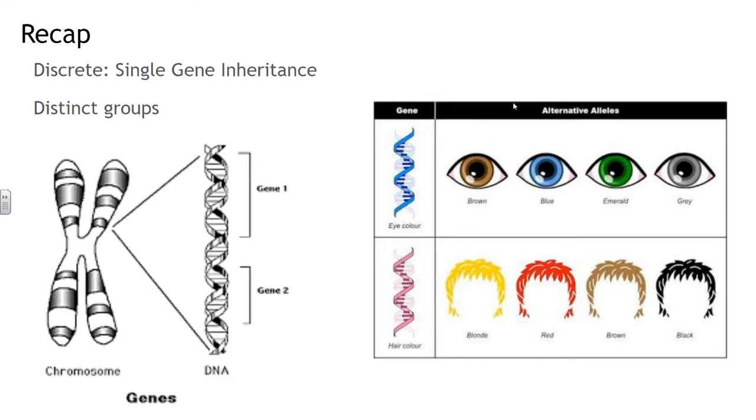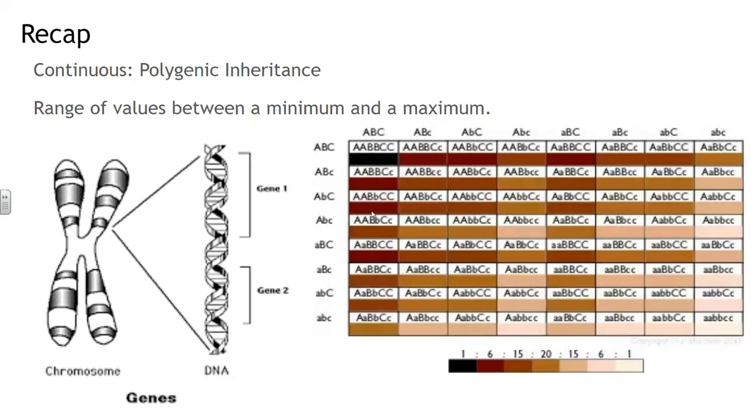So if you think about it, if in eye color we have brown, blue, emerald, and grey, at this locus here, this one A, we could maybe have 4 or 5 options. But we have another 4 or 5 options at B, and another 4 or 5 options at C. The number of different ways you could bring those genes together and make different combinations of the alleles is absolutely huge.